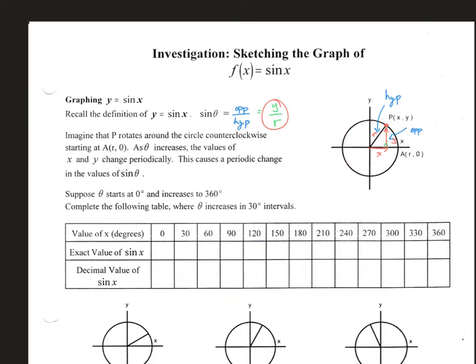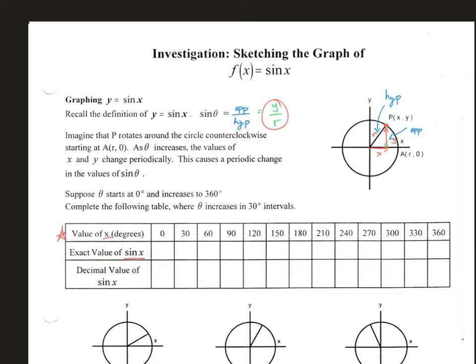Okay, what I'd like to do now is fill in this big table. All that is a table of values for us, but we've rotated it and turned it sideways. You'll notice that all we're going to focus on are our multiples of 30 degrees. We're going to figure out the value of sine x for each of these given x values.